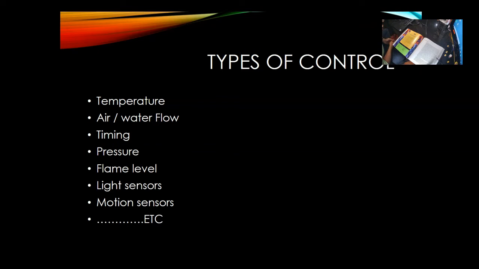And if you want to think of control in a very simple way, think of yourself driving a car on the highway. What are you controlling? You're controlling the speed. And how do you control that? You keep your eye on the dashboard and you look at the speedometer, and that's your input.